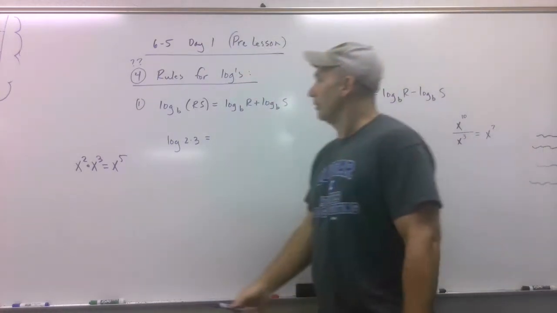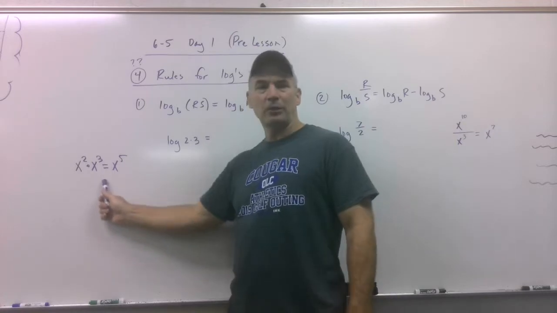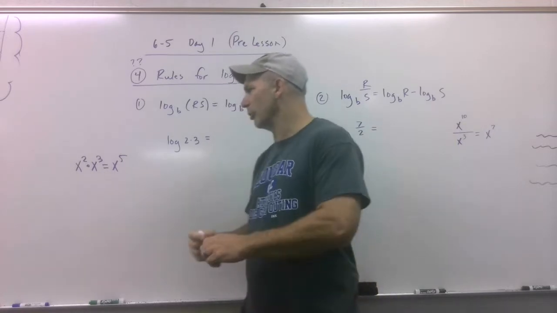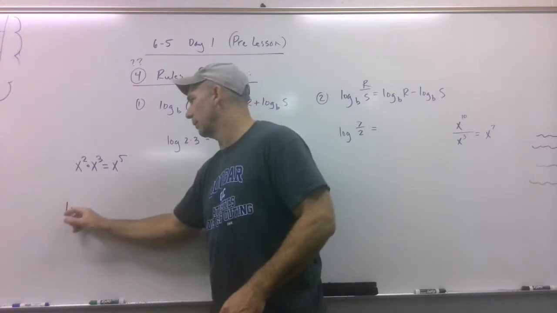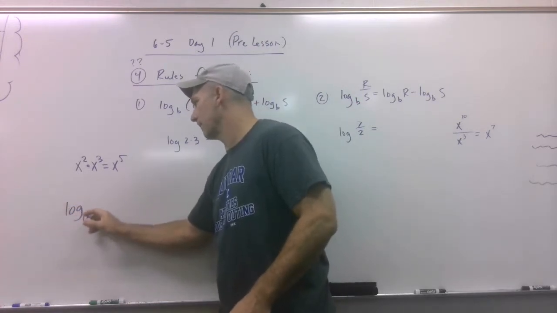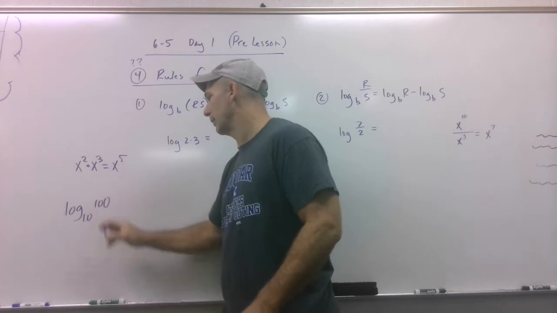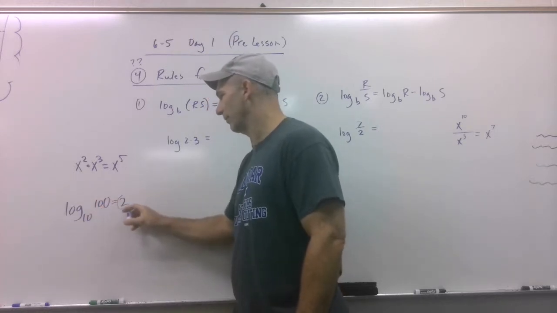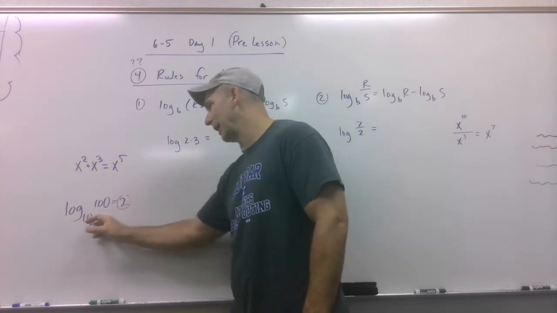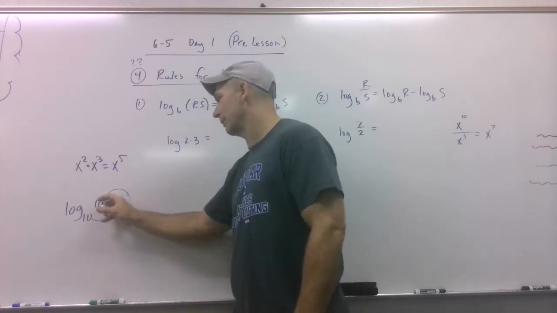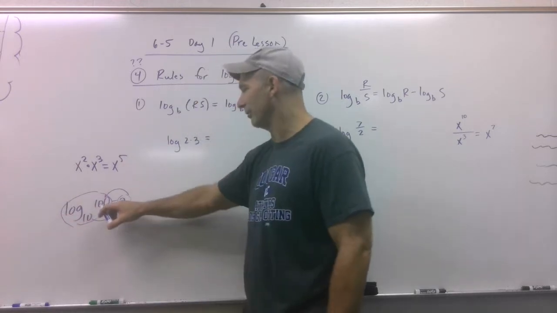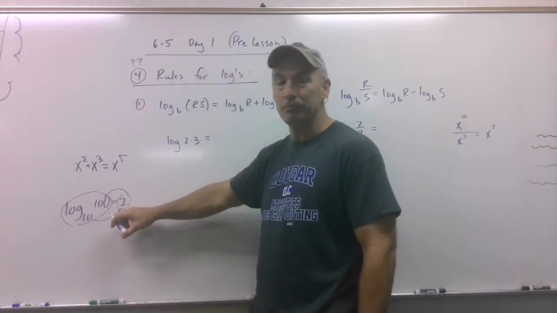So, first of all, let's take a look over here, something that you're familiar with. See, these are exponents. And just so you know, let's look at this for a second. What does this equal? It equals 2. What is this? This is an exponent because 10 to the second power is 100. So a log actually equals an exponent.